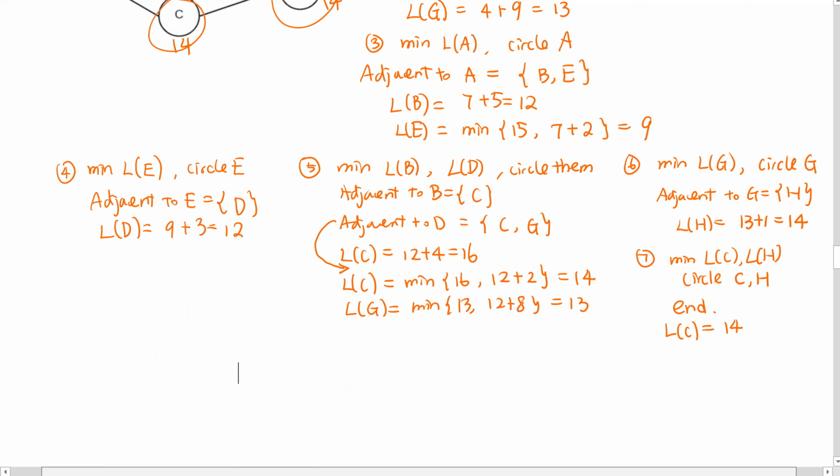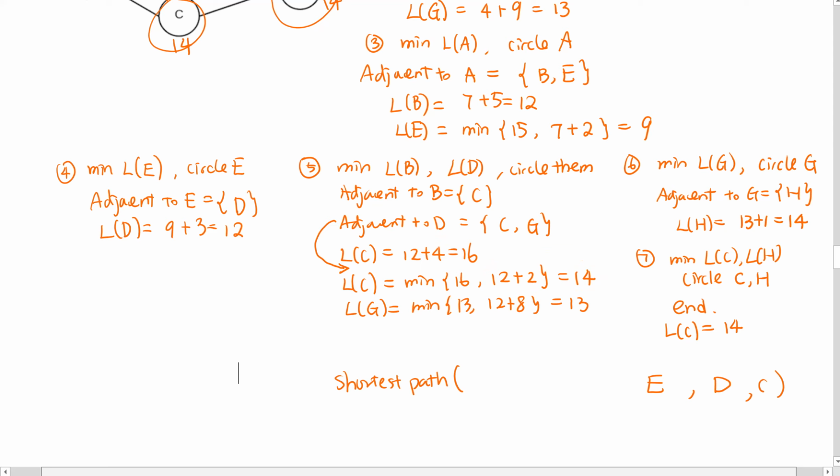And what is the shortest path? How do you get C? You get it from the minimum, and that's because of D. So, through D. And how do you get to D? You get to D from E, right?